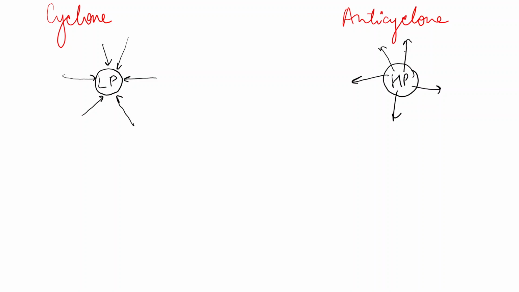Now, many of you must have read that the cyclones in the northern hemisphere are anti-clockwise, while anticyclones are clockwise. So how do we get this statement? You must have seen that the cyclones are shown this way in the northern hemisphere.